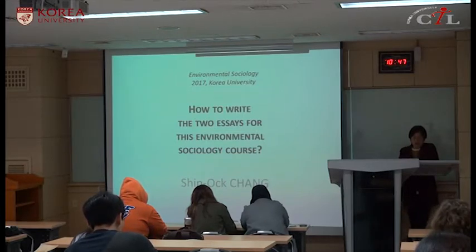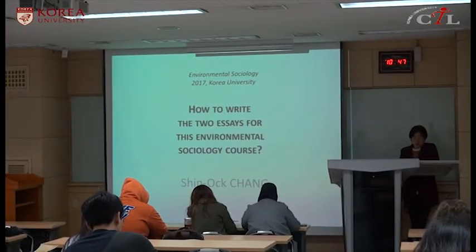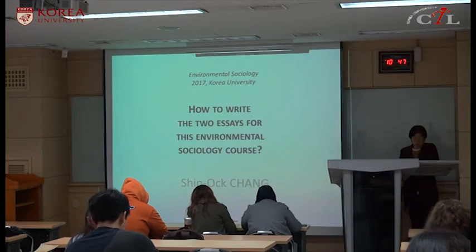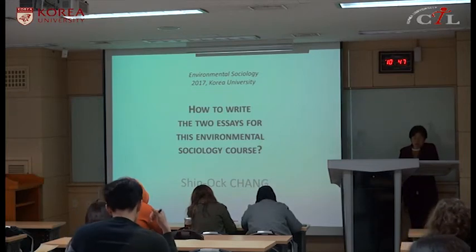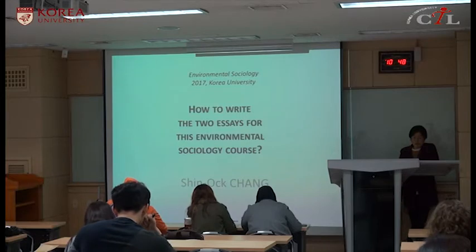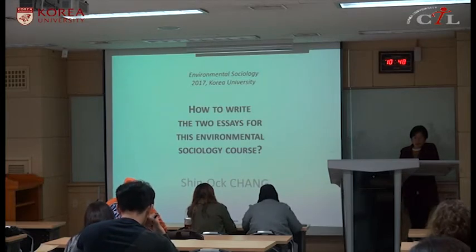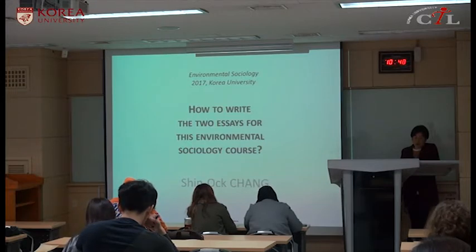The proponents of a social constructionist perspective criticize ecological Marxists. Which statement best describes it? Number 1, ecological Marxism cannot provide insights to solve environmental problems. Number 2, ecological Marxism is too critical so that it cannot be popular. Number 3, ecological Marxism cannot explain how capitalism works facing ecological crisis.